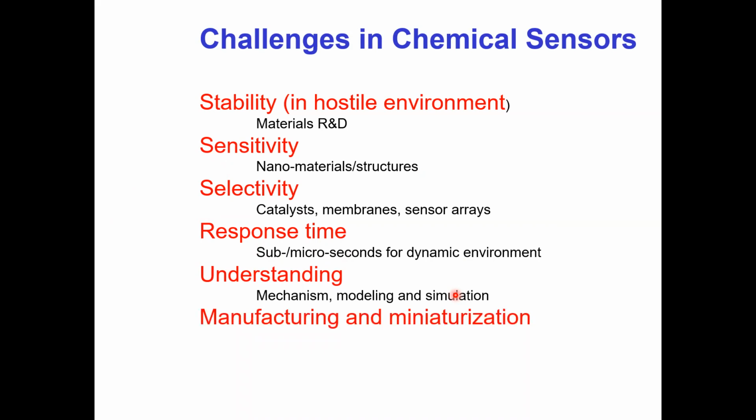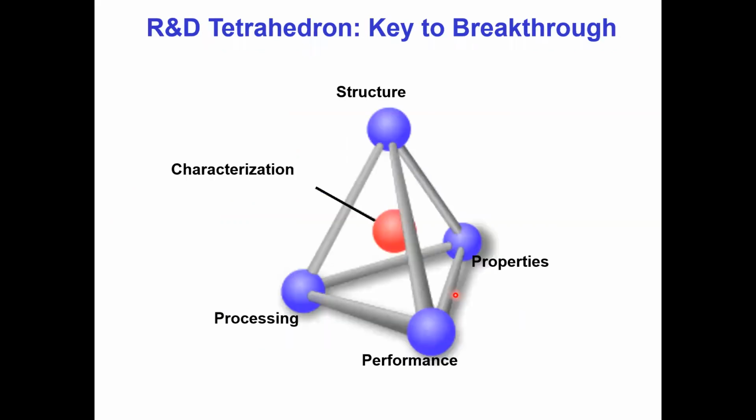And obviously at the manufacturing level, there are a lot of challenges in micro and nano machining, packaging, miniaturization, and so on. This is really a very active area that is a typical materials science type of work, where you process your material in a certain way, characterize it, control the structure and microstructure, and measure the property that has a reflection on the performance.